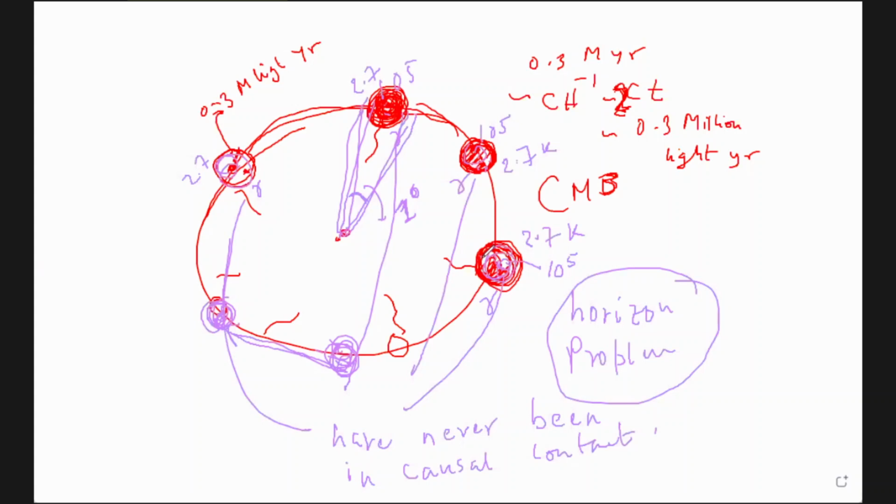Maybe there was something in the beginning of the universe where all these bubbles were inside a very small distance, and then they went much faster than the speed of light.